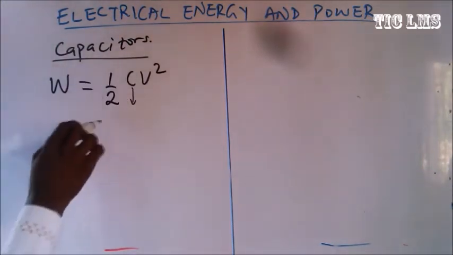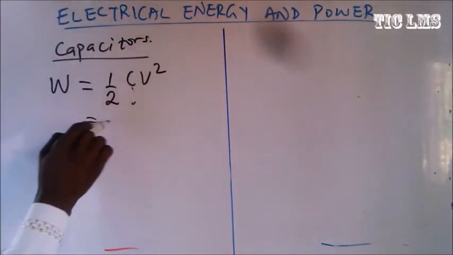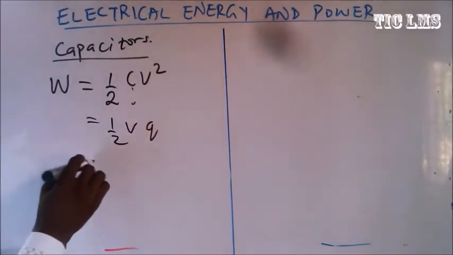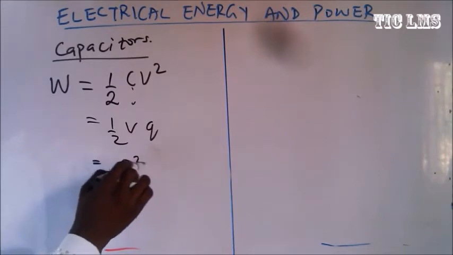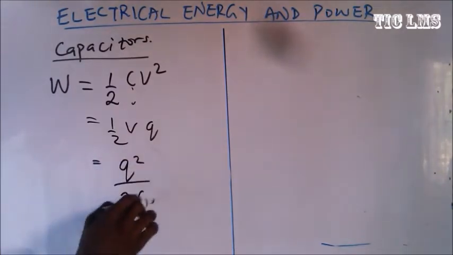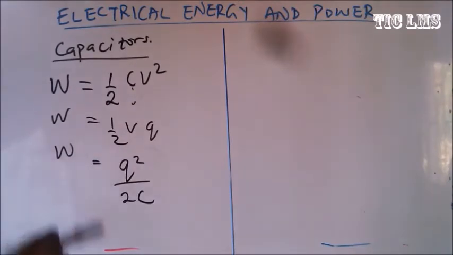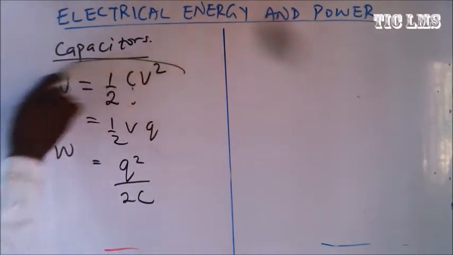Now this is not the only formula we can use here. We could also link it with half VQ, and it can also be linked to Q squared over 2C. So this is how we calculate the electrical energy stored in a charged capacitor. So in capacitors, these are the formulas that we shall be using.